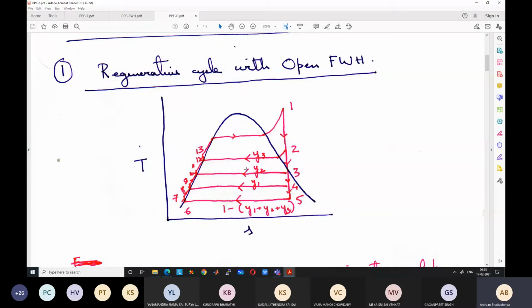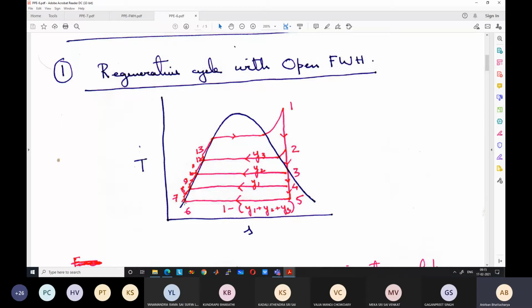Then a small amount equal to Y2 is taken out. Then the rest of the steam expands to state 4. Then a small amount equal to Y1 is taken out. Then the rest of the steam expands to state 5, where this steam, which is now equal to 1 minus (Y1 plus Y2 plus Y3), goes to the condenser and gets condensed into liquid water.